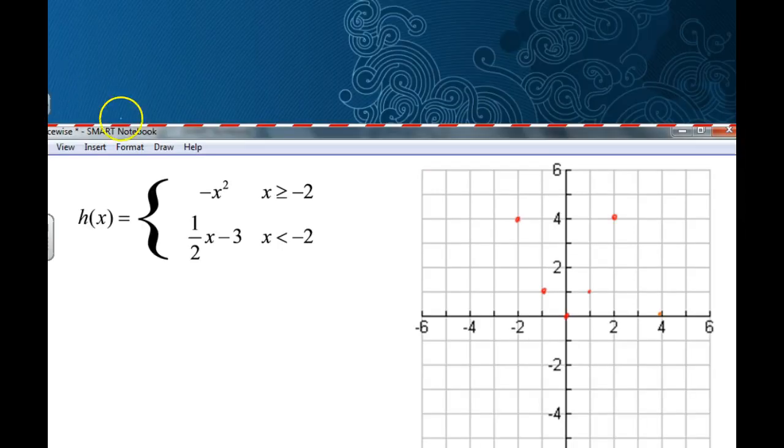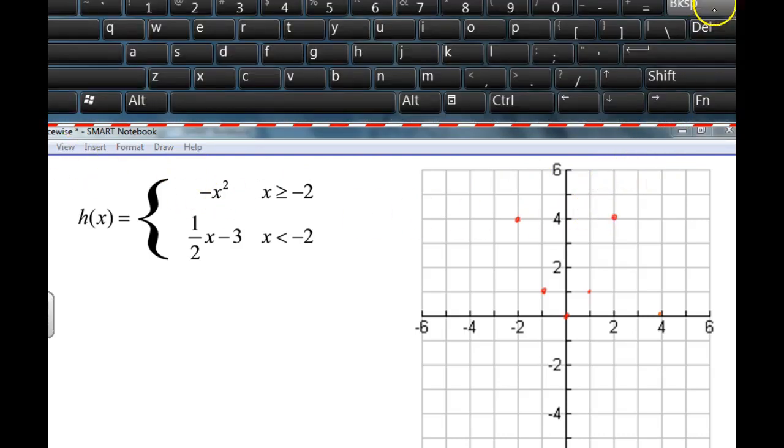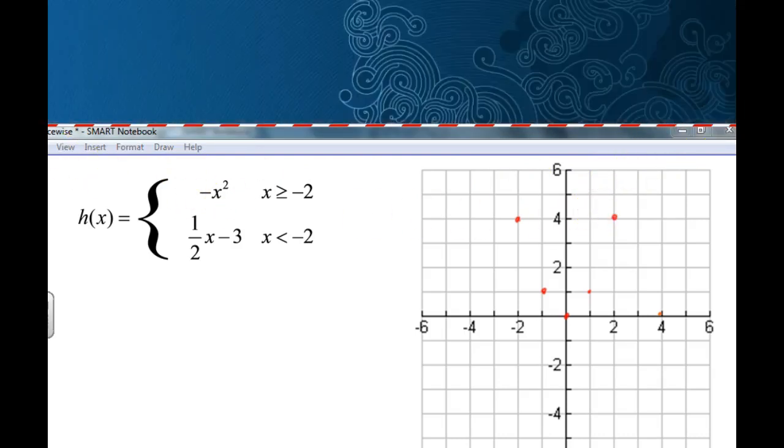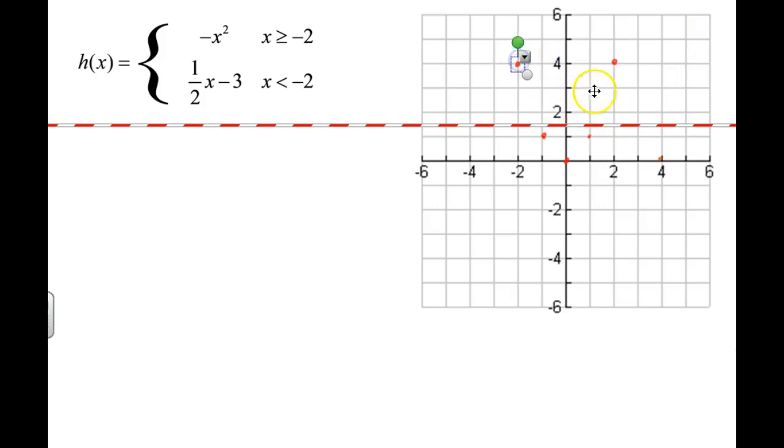If you take those points and grab them, what's going to happen is this one's going to move down, this one moves down, this one moves down, and this one moves down. Because you put a negative in front, the y value will now be negative instead of positive. So it takes all those points. See, it helps to kind of know the parent graph, and we'll get better at that as we go here. But that graph looks something like this.